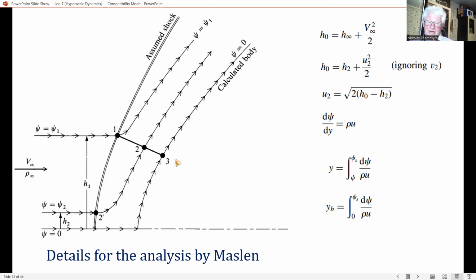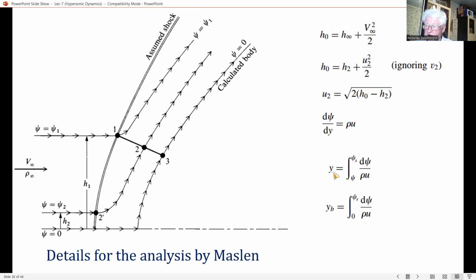So, next step, the physical coordinate y, which corresponds to a particular value of psi, can now be found by integrating the definition of the stream function, which is really the continuity equation, because d psi over dy gives us rho times u.